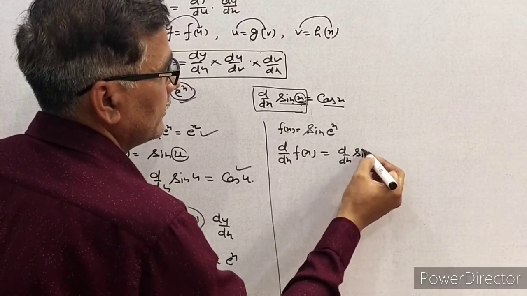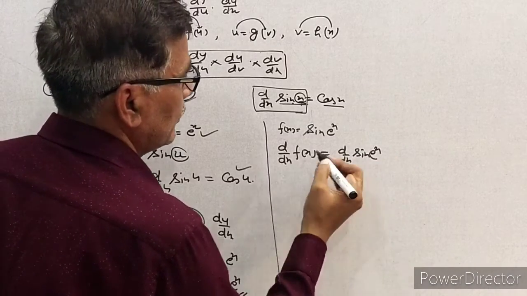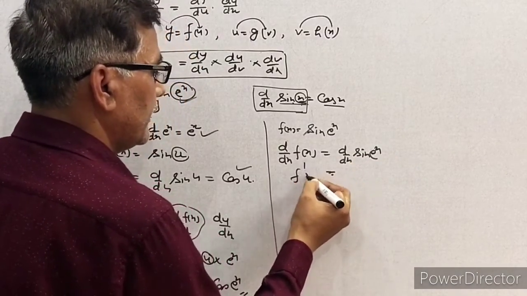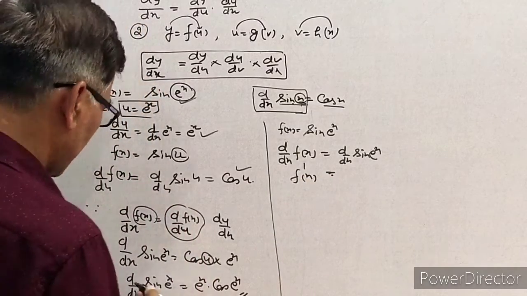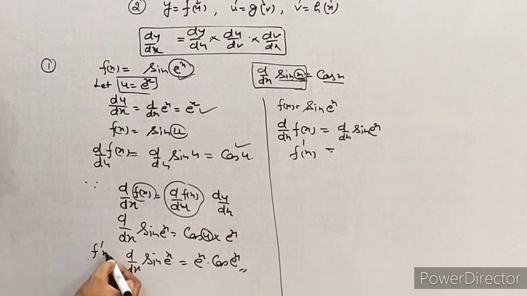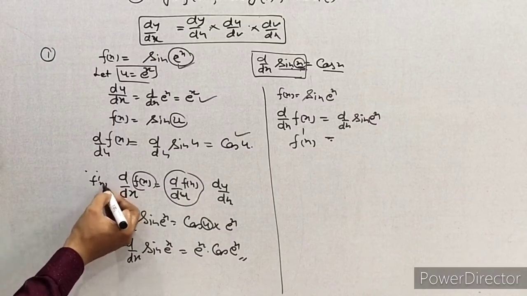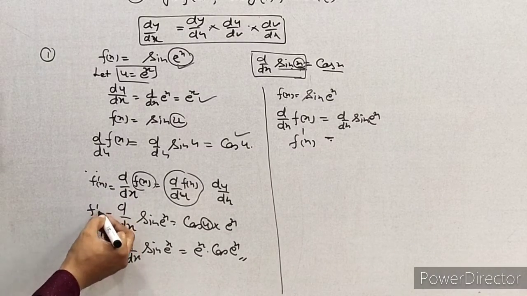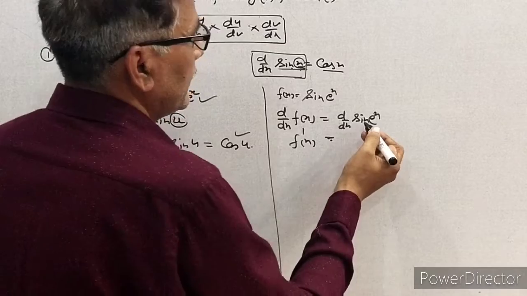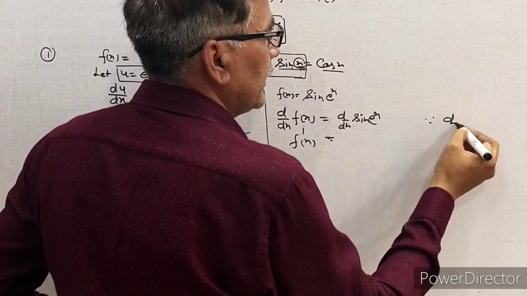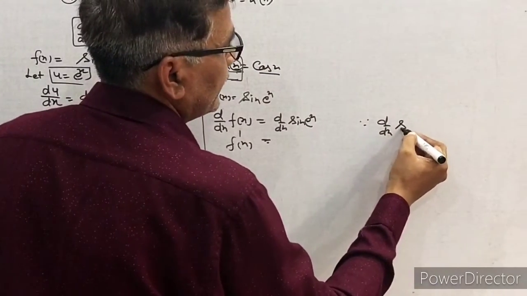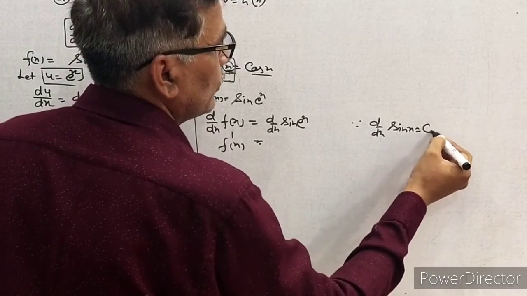Just see here. Now we can write this f dash x, this is also f dash x. See here, as we know the derivative of sin x is equal to cos x.